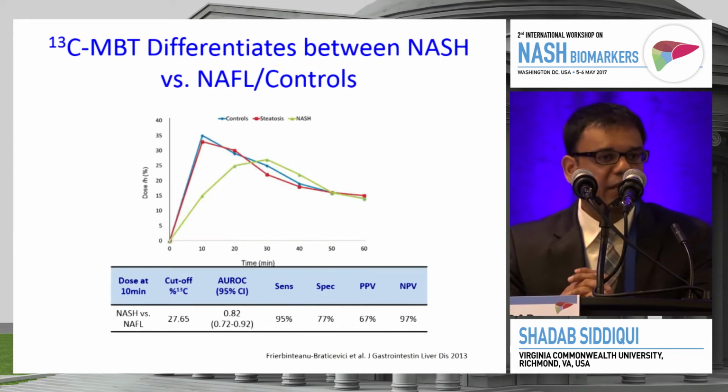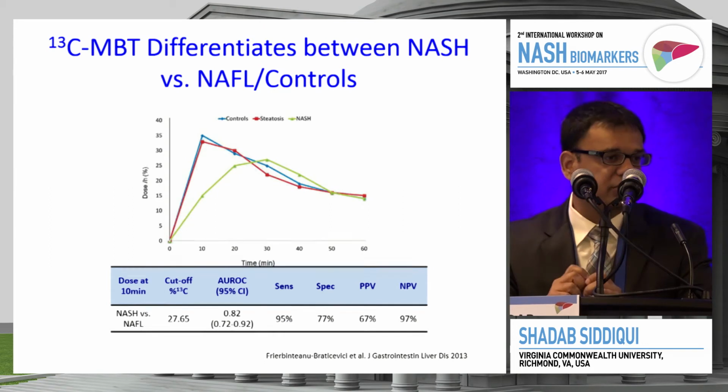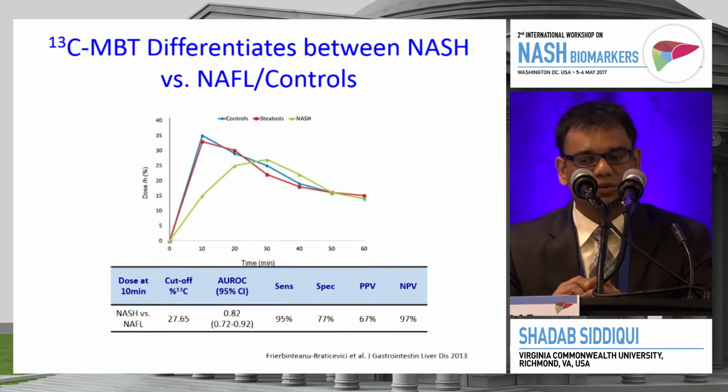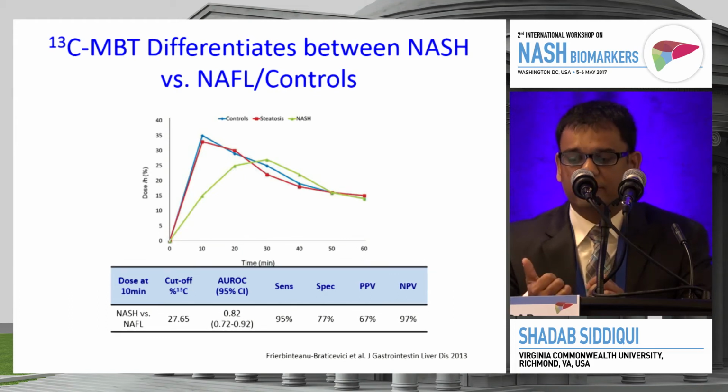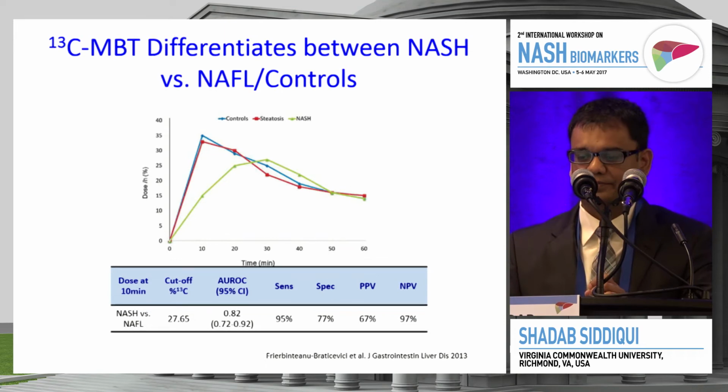This is a study that came out after that, and it showed something different. It tried to distinguish presence of NASH compared to patients who had simple steatosis and healthy controls. And as you can see in this instance, the peak is, first of all, blunted compared to controls as well as patients with fatty liver, and it's also moved further out, suggesting decreased microsomal activity.